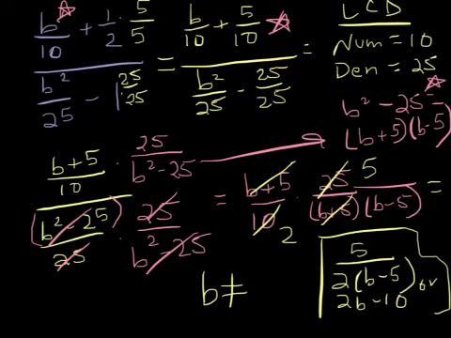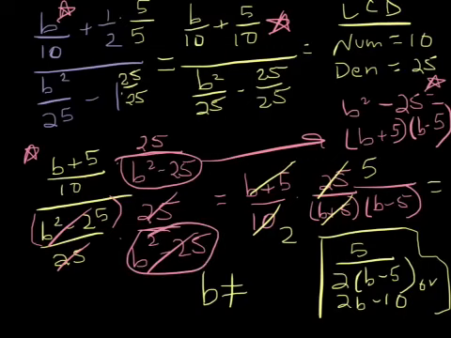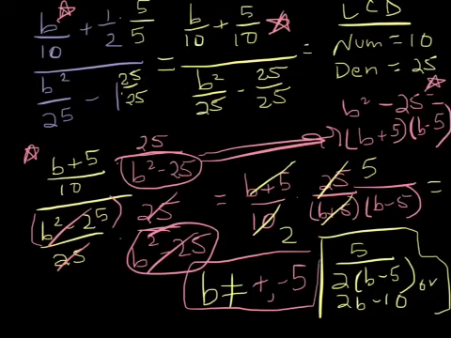But then when we get to this step and we're multiplying by this reciprocal, we see that b is in the denominator and it can be equal to positive 5 or negative 5. So that is the restriction on my denominator, and that takes care of my answer also. And so this is how you simplify complex fractions.